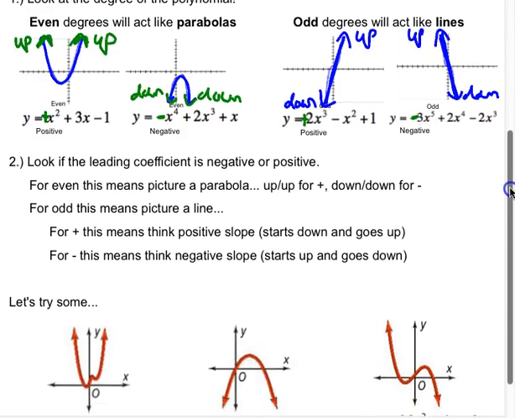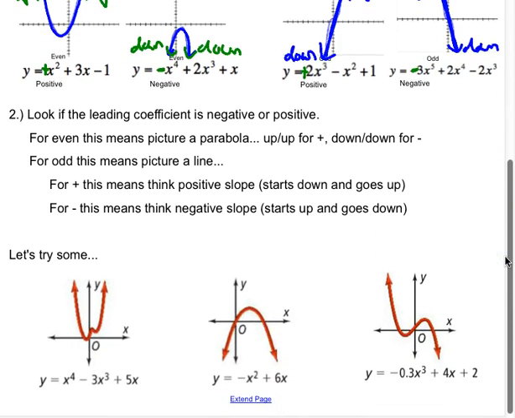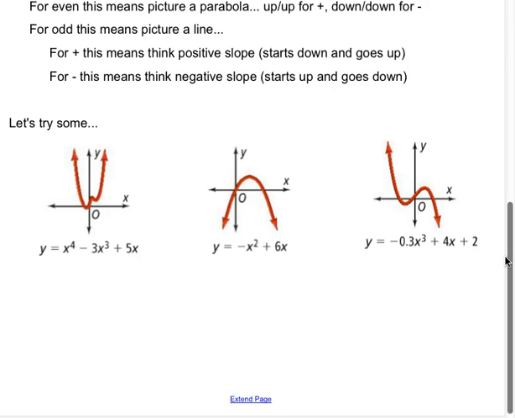Okay, so let's try a couple, just so you can get an idea, because I know that's a lot to throw at you all at once. Remember the two things we're looking for: it is an even degree, and that first term is positive. Even degree positive means I should be picturing a parabola that's opening up.